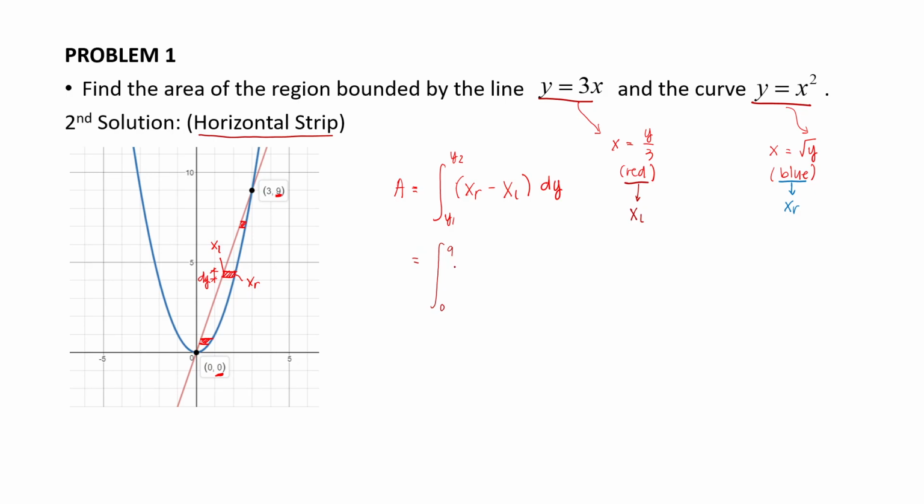So x sub r would be the curve square root of y, and then minus y over 3, then this is dy. Again, you can just use your calculator in solving the answer.